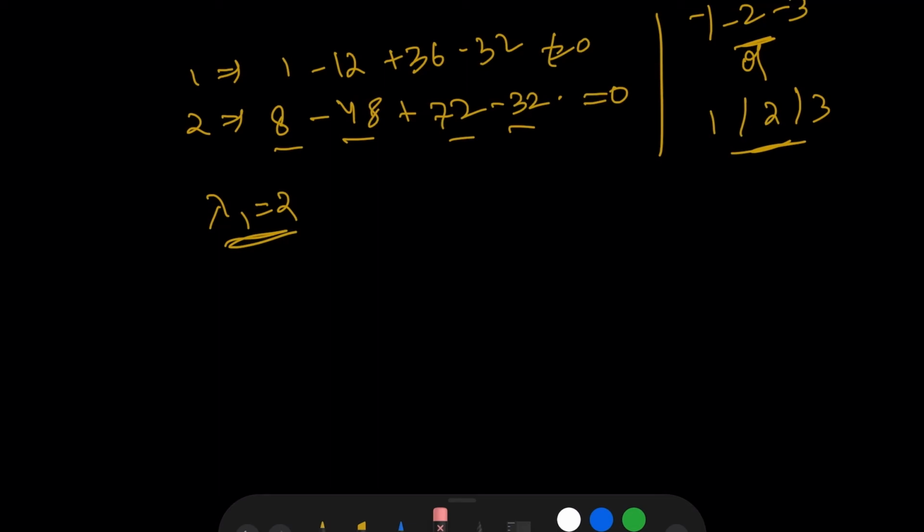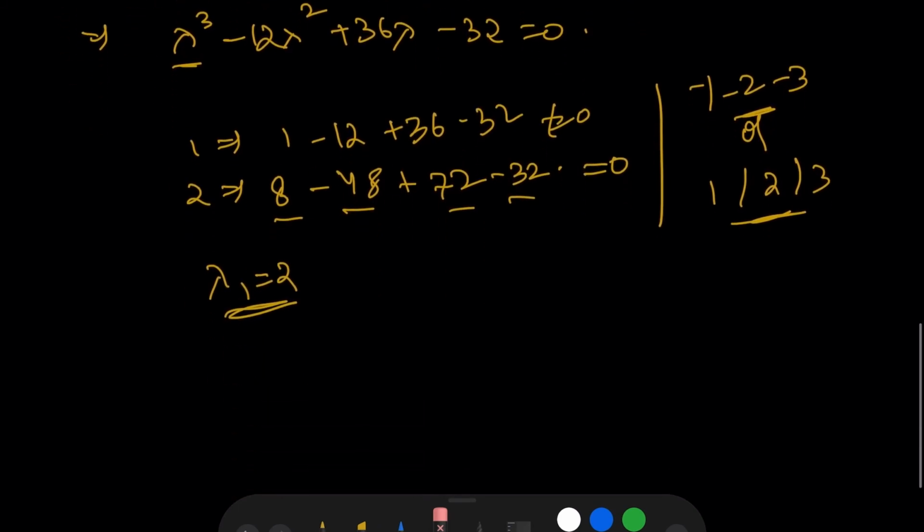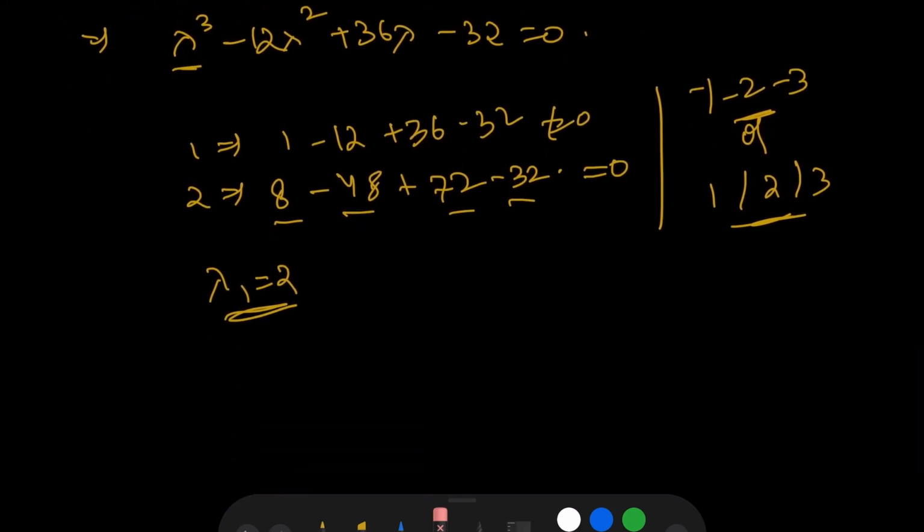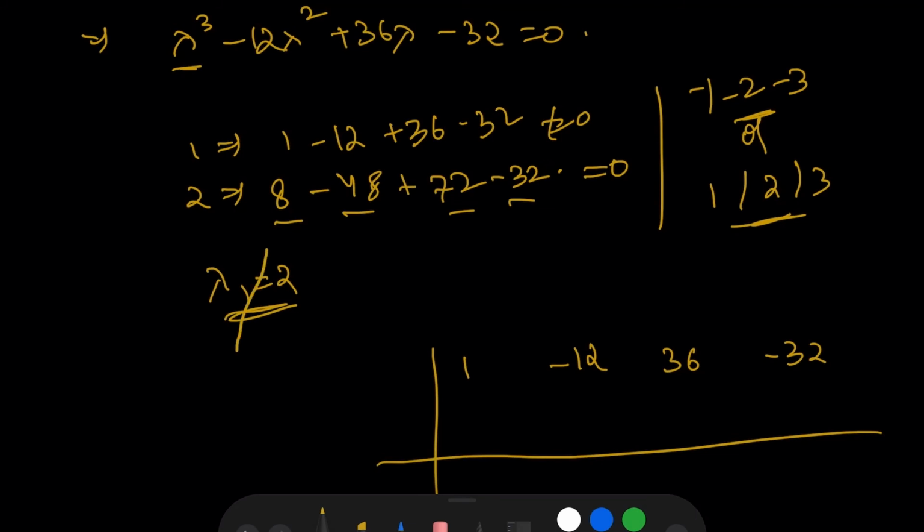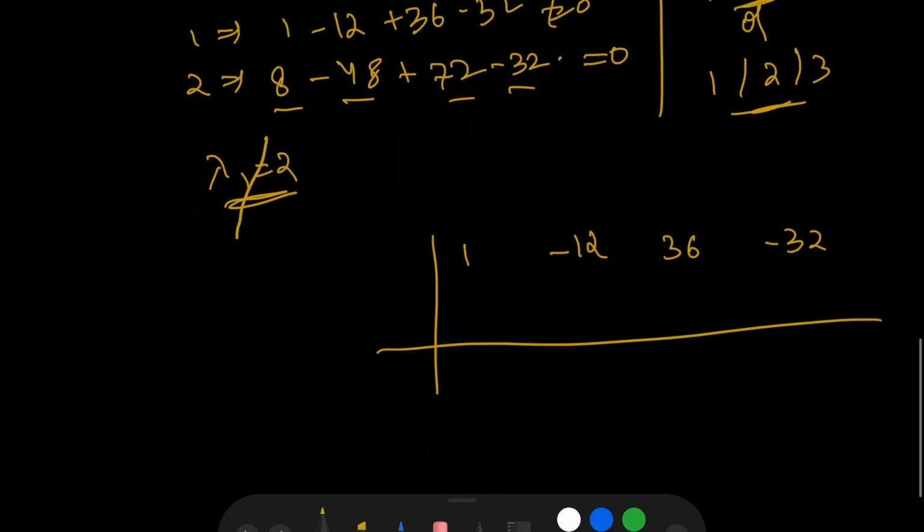So what we'll do here is write the coefficients of the cubic equation: 1, negative 12, 36, minus 32. Now we have one root value 2. So this will be 0.